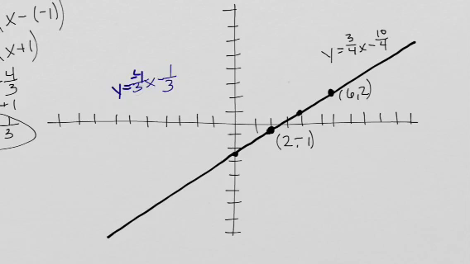So my y-intercept was at negative 1/3. I go down 4 and over 3, and connect my dots.